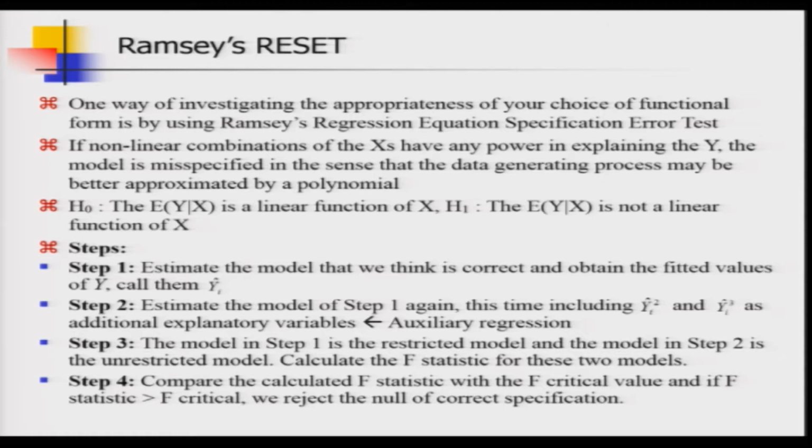Now you see that the null hypothesis, if it is correctly specified, can be restated in terms of delta 1 and delta 2, okay. So for the auxiliary regression model, we can have this null hypothesis, delta 1 is equal to 0 and delta 2 is also equal to 0. So the distribution of the f statistic here is approximately following an f distribution with degrees of freedom 2 and n minus k minus 3.